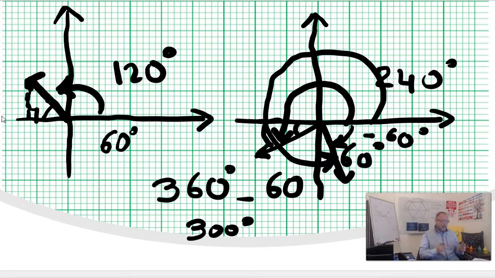Remember, the goal is to arrive at a starting angle between 0 and 360. So even if you're going in the minus direction, you're still going to subtract it. If the angle is, I don't know, 45 degrees here, you're going minus 45, so you do 360 minus 45 and you arrive at 315.